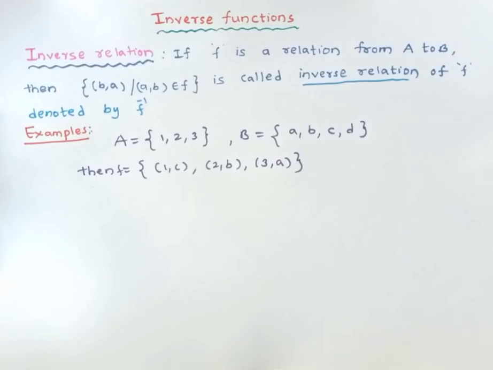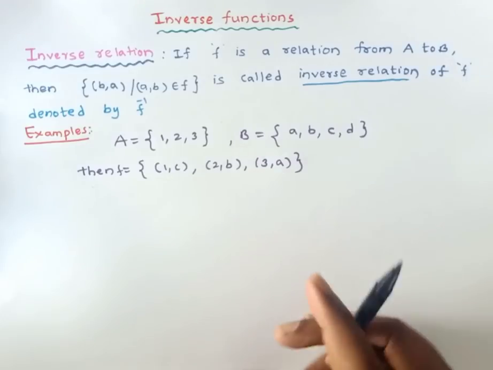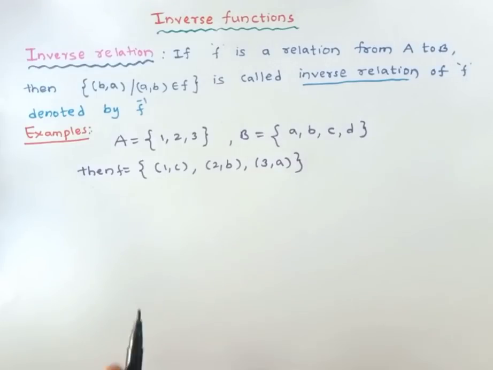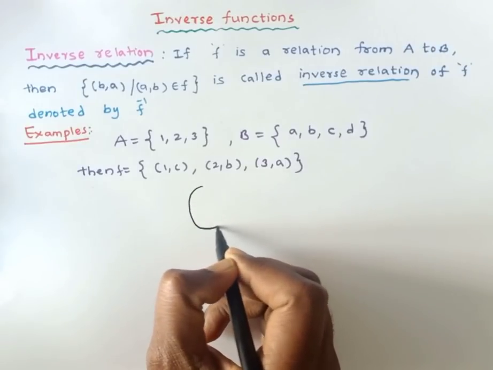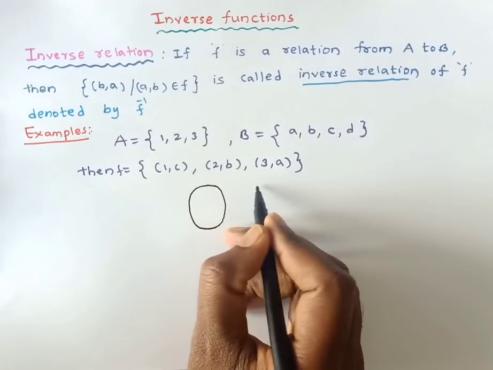Now we know the rules of functions as well as the types of functions, mainly one-one, onto and bijection. Here sets A and B are non-empty sets and a relation is defined like this. First you need to check whether it is a function or not.